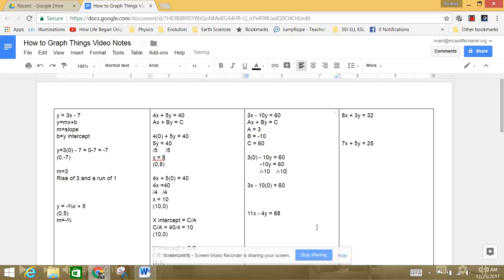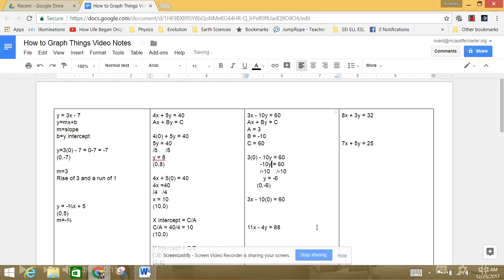So reverse the operation to cancel things out. I get y equals 60 divided by negative 10, which is negative 6. I have a y-intercept at 0, negative 6.